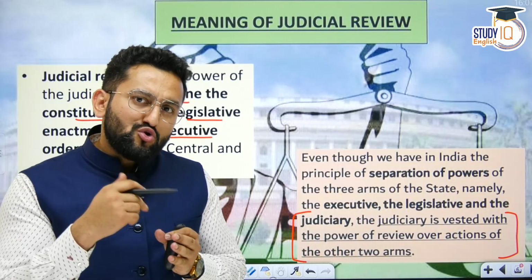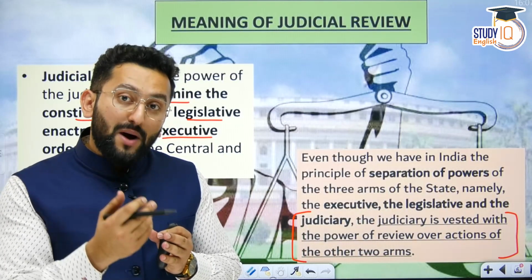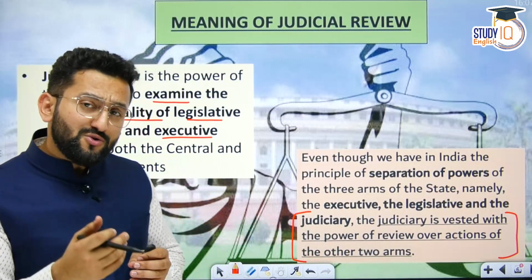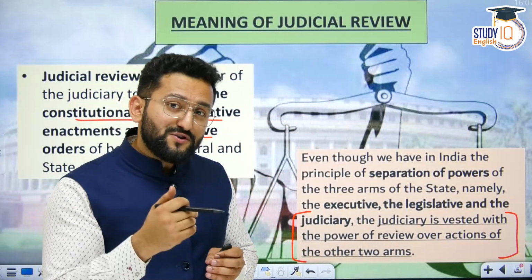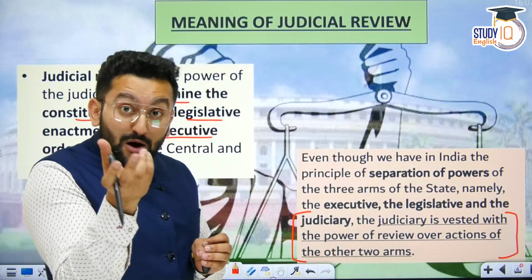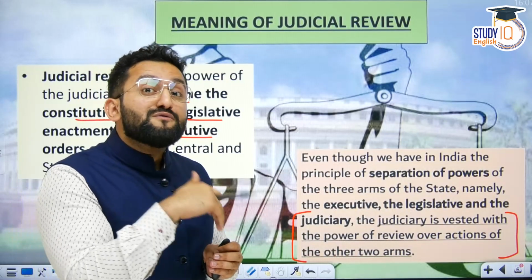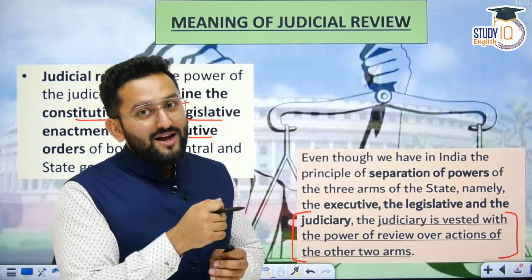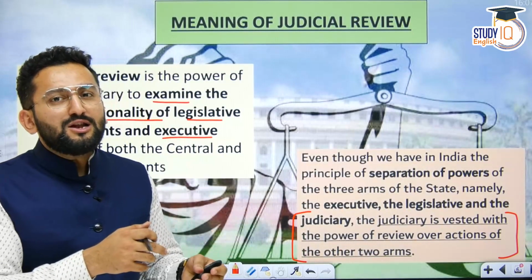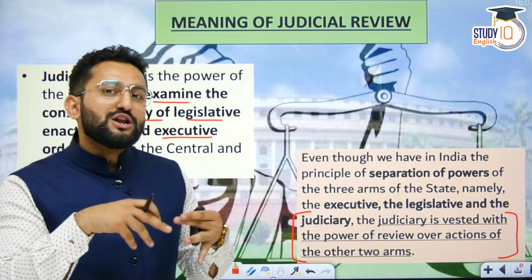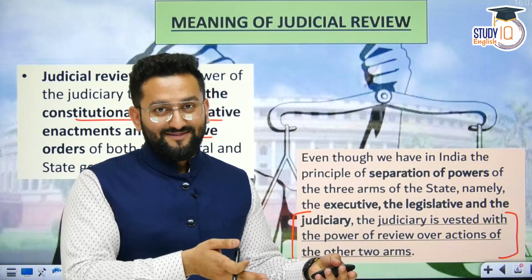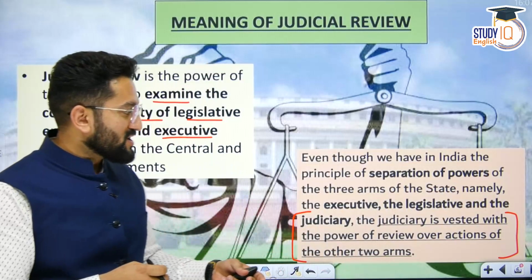But don't you think this concept of judicial review gives power to judiciary to intervene in the functioning of other pillars, right? And that is why some legal luminaries have said sometimes the judicial review actually becomes judicial overlapping. Okay, we are going to talk about it further.